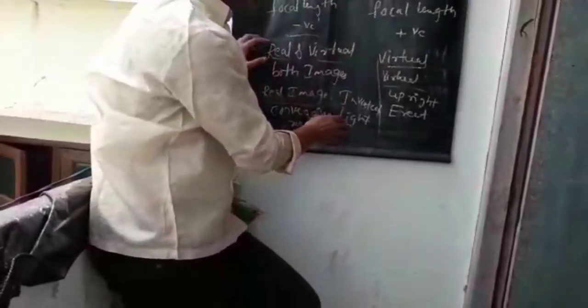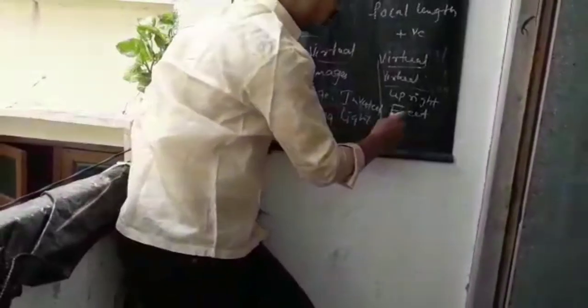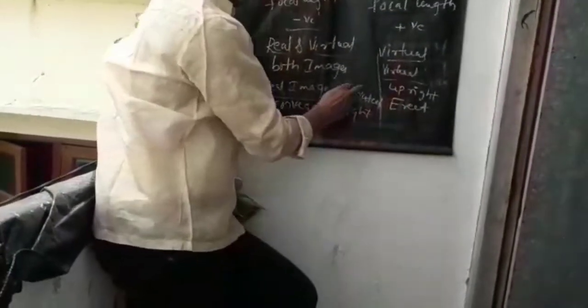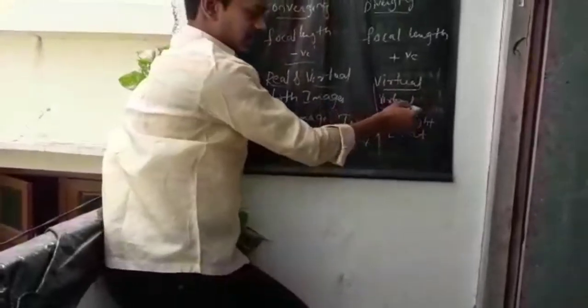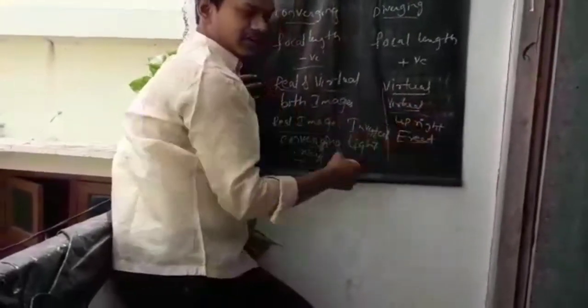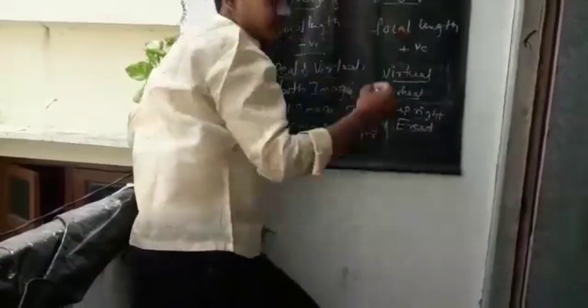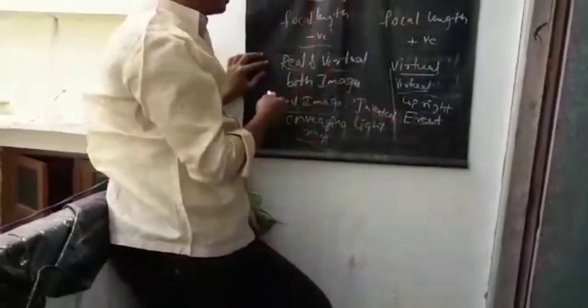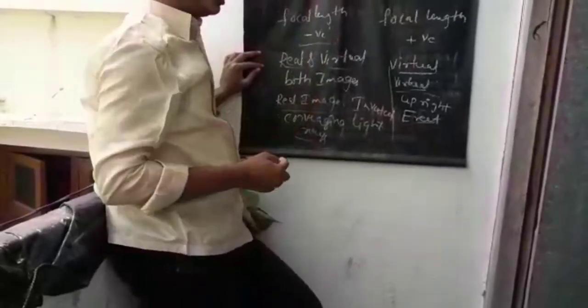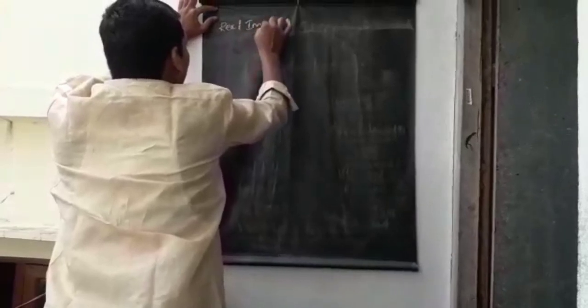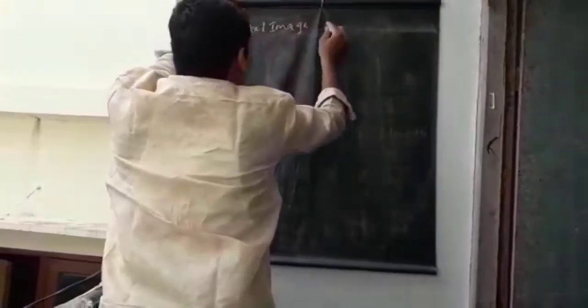A virtual image is definitely erect and upright. Only in the case of a convex mirror do we get just the virtual image, but in the concave mirror we get both real and virtual images.